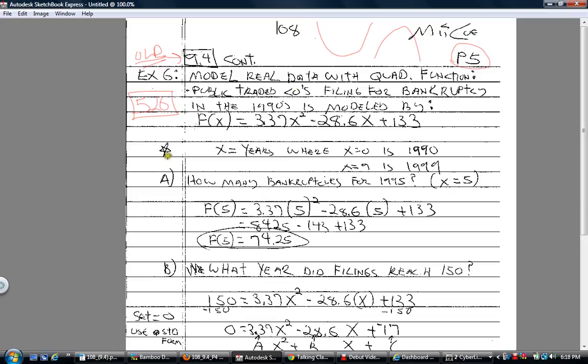And back in the 90s, a lot of public trading companies were filing for bankruptcy, and so statisticians and mathematicians got together and figured out that f of x, meaning the number of failures, was equal to 3.37 x squared minus 28.6x plus 133, where x is the number of years. x started in the year 1990 when x was equal to 0. So if you go 9 years later, x would be 9, which represented 1999.